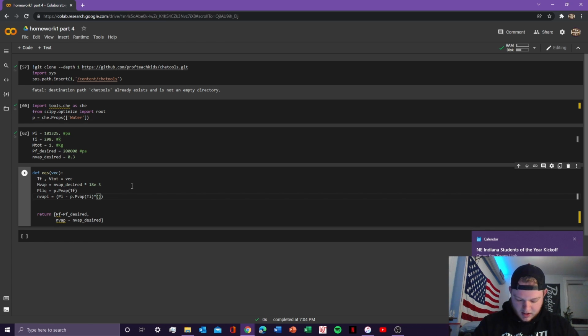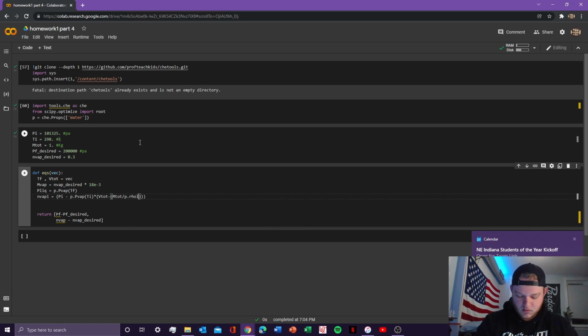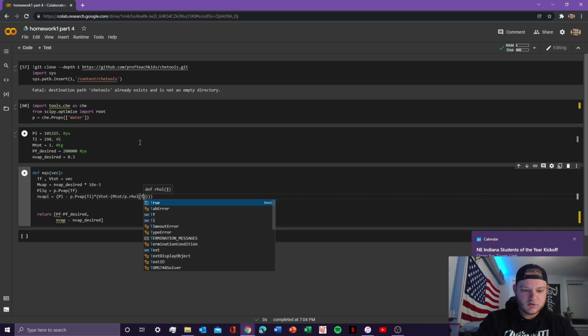That was multiplied by V total, so the total volume, minus the mass total divided by the density of water. So that's what P dot RHOL means. But that is at temperature initial, so we need to specify that.